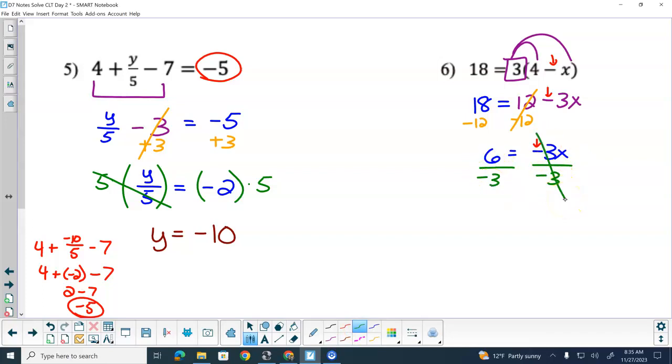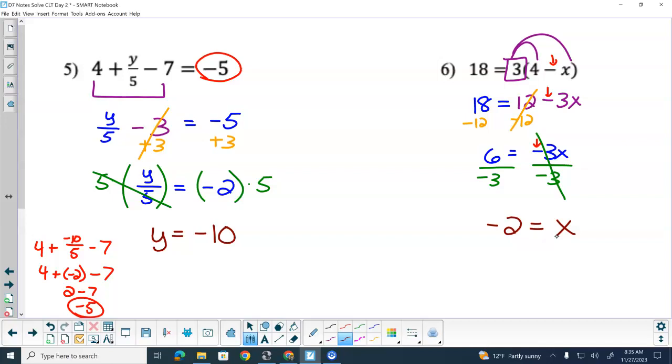And positive divided by a negative is negative. And so a lot of people there, when I was walking around the room, we had positive 2 there for an answer, and we got 6 equals 18, which doesn't fly.